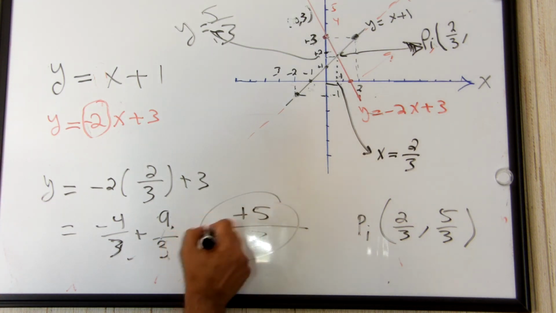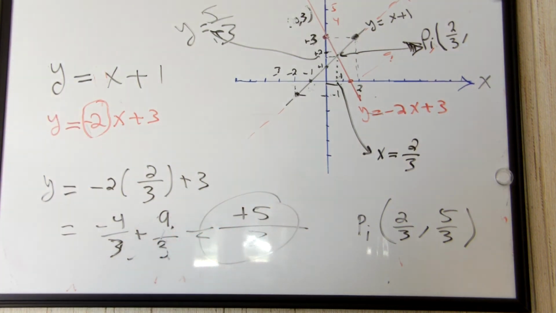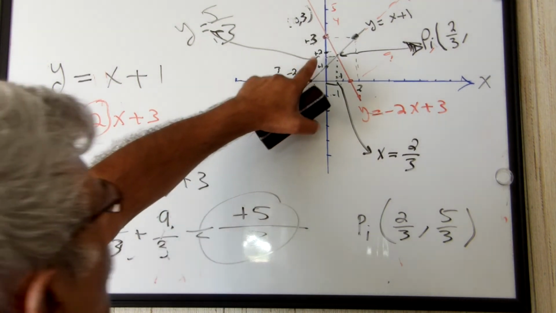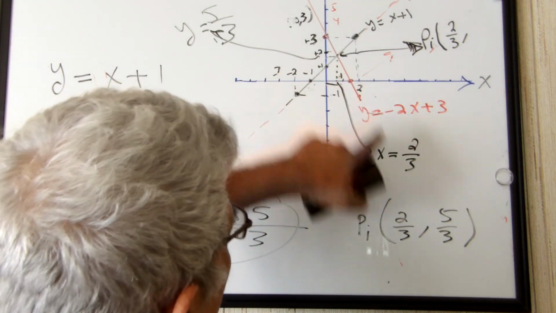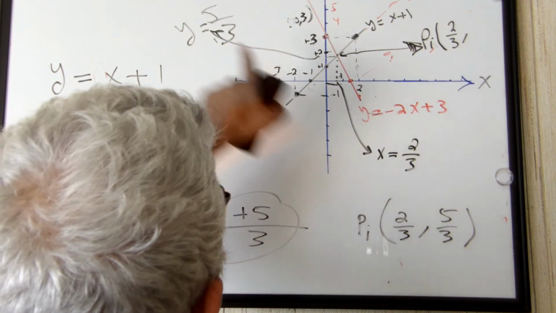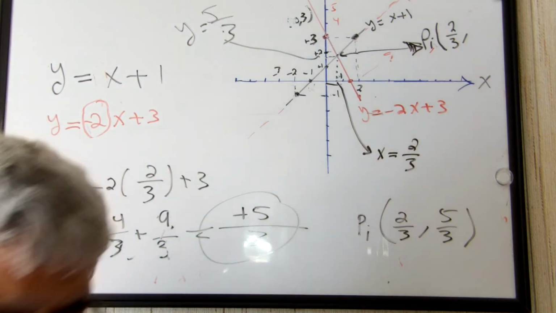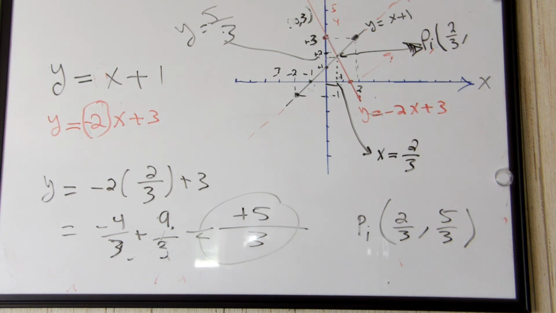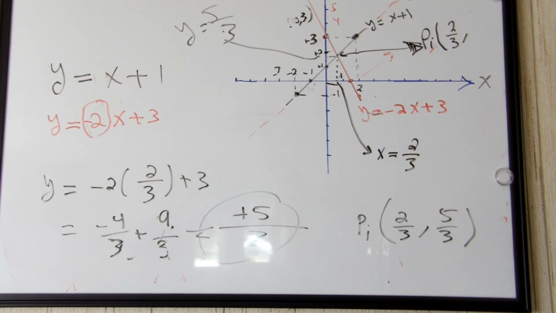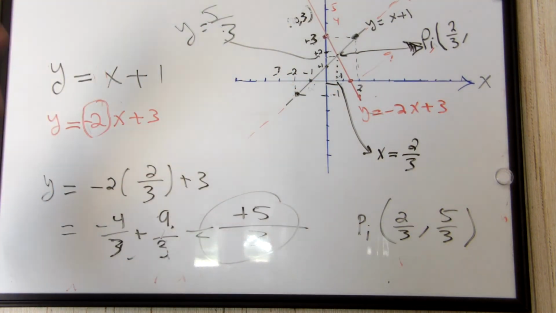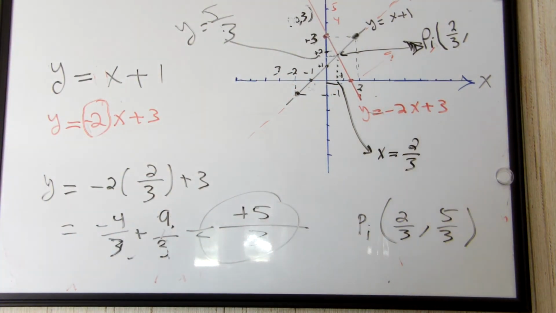We get the same answer. If you put in either of those equations, we will get the same answer. So we find the point. The point has an x coordinate of 2 over 3 and 5 over 3 in the y. So for every point of intersection, you have to put the x value in that equation to find the y value.